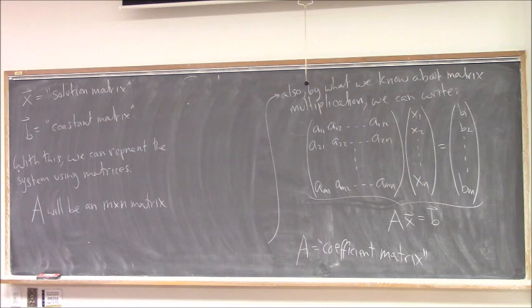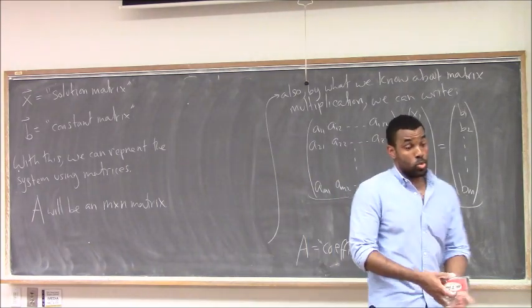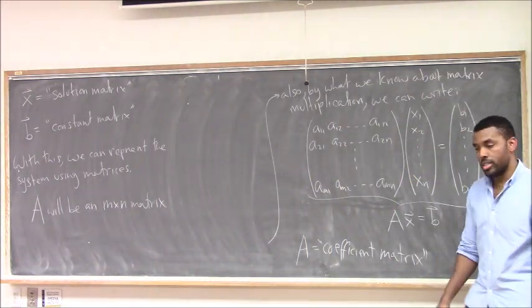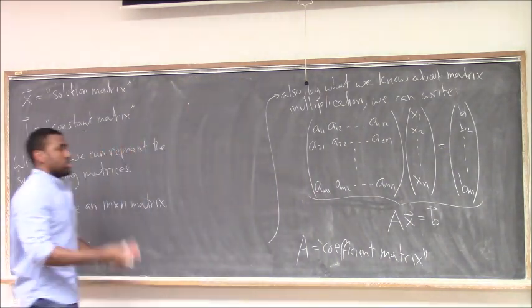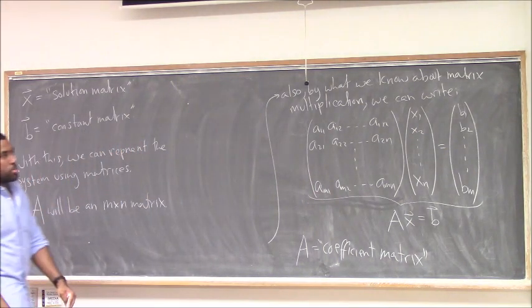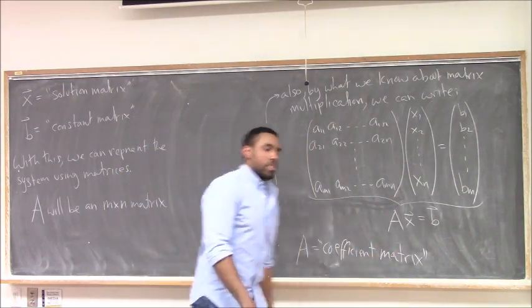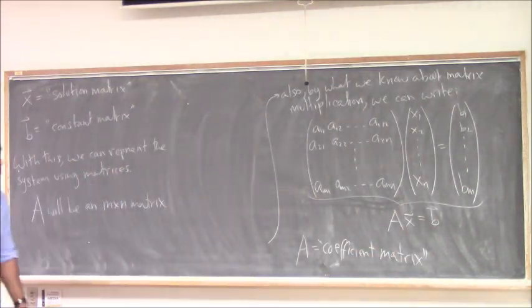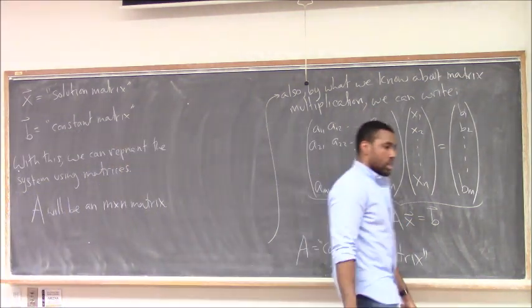Later on, we're going to see that the size actually does matter. It will determine the kinds of solutions that we can find, and whether or not solutions even exist in the first place, among other things. But the idea is, given a system of equations, you can throw both sides into a matrix. We can use matrix multiplication to write the left side this way, and we can describe a system of equations with three matrices: the coefficient matrix, the solution matrix, and the constant matrix.